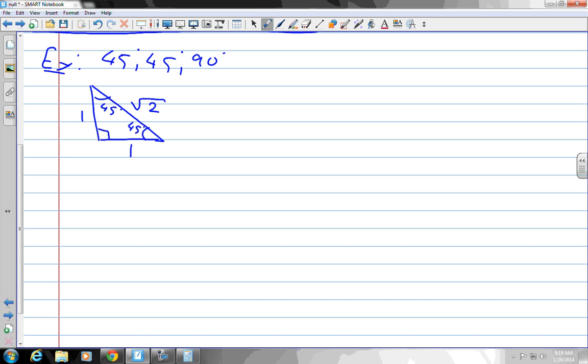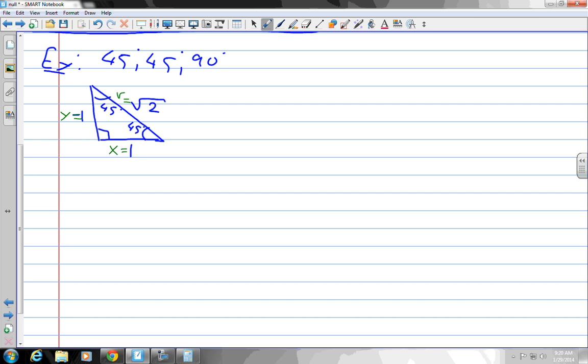So if I label, I'm going to call this side y. And I'm going to call this side x, and I'm going to call this side r, just because I can.